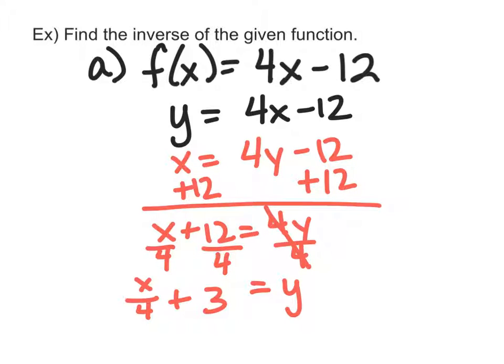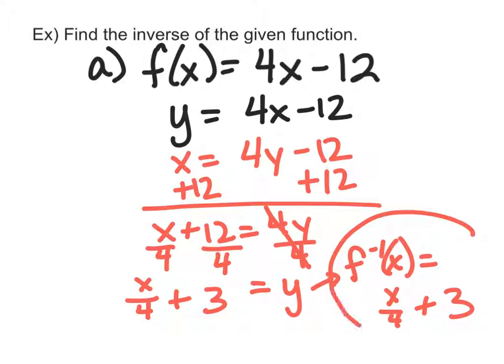I'm not going to leave it that way. I want to write it as the inverse, so I'm going to change my y to f inverse of x, and that f inverse of x is going to equal x over 4 plus 3. And that'll be my answer.